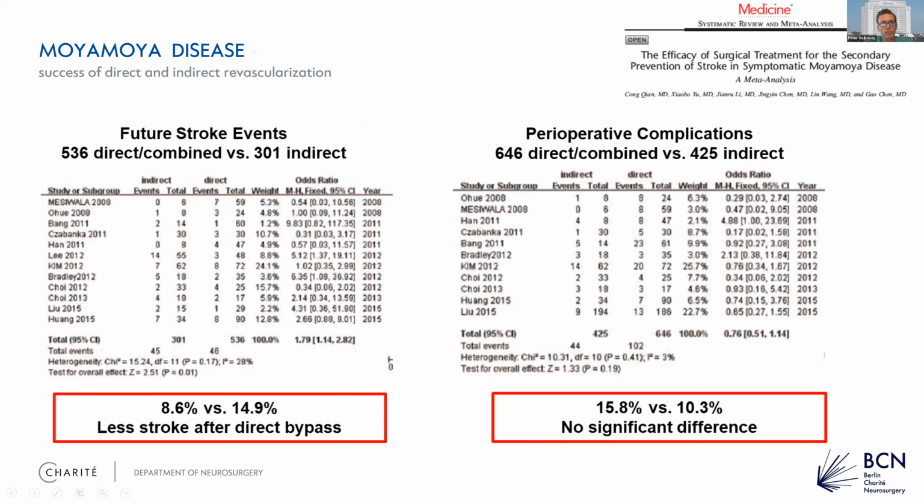Direct or combined are more effective than indirect in terms of stroke rate, and there is no difference in terms of complications. So really, you can always try to perform a direct bypass. In many cases you will be successful, but you should not back up because you are fearing the risks.